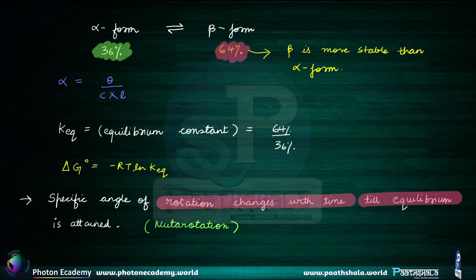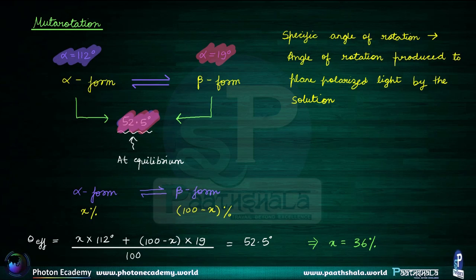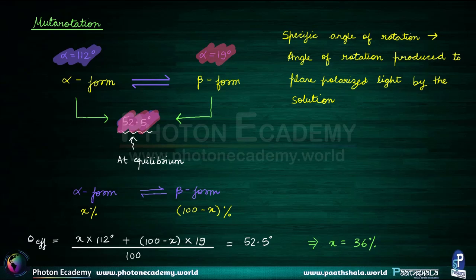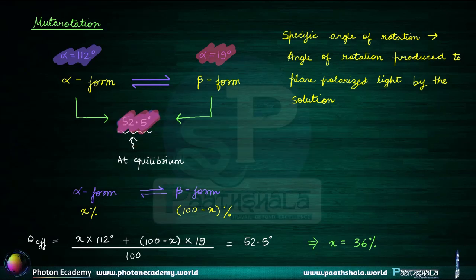So when we see that the theta effective, that is this 112 and this 19 degrees here, is not constant, they are varying, but when they attain equilibrium they become constant. They reach this 52.5 degrees here. So theta effective becomes constant over time.